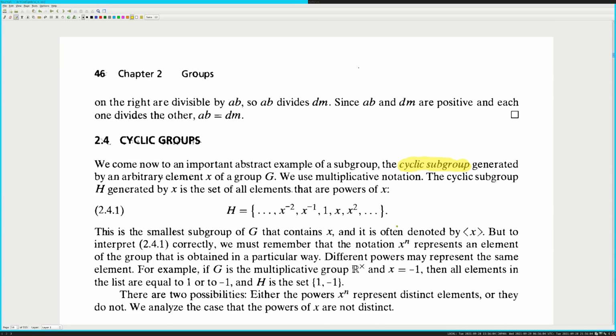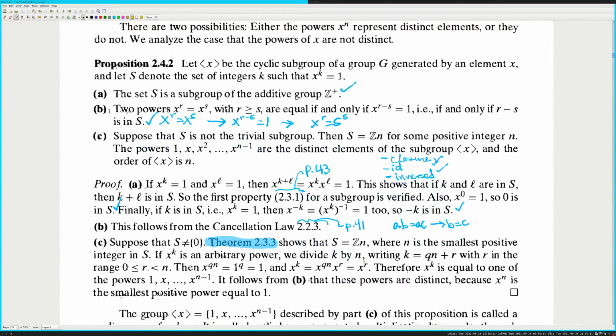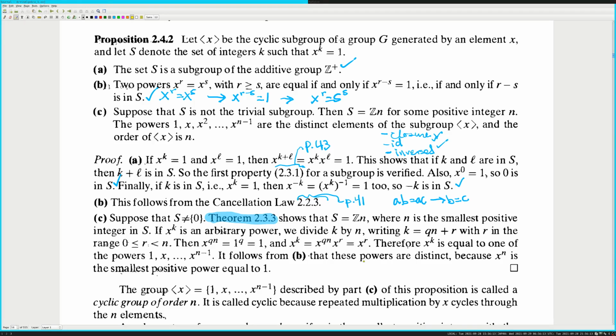Cyclic subgroup. And this was a prior reference. I'm going to make this bigger. Prior reference. No, I don't like that. That's too big. Middle.